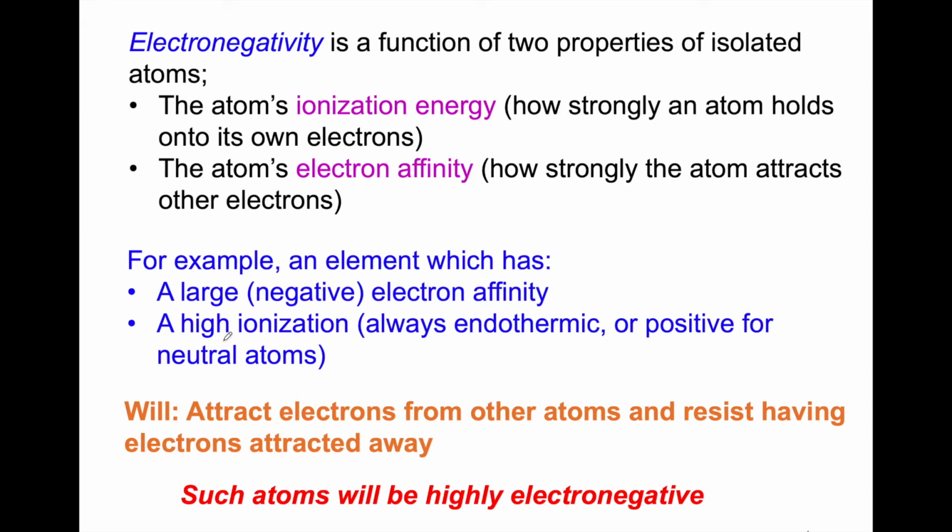So electron affinity is related to anions, while ionization energy is related to positive or neutral atoms. So this element will attract electrons from other atoms and resist having electrons attracted away. This atom can be considered highly electronegative.